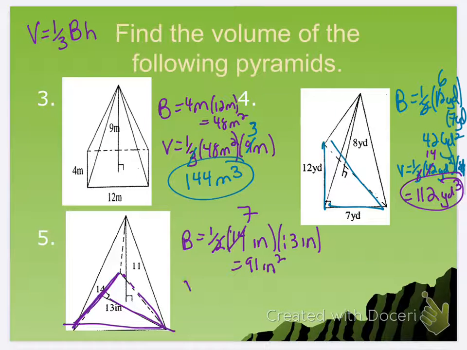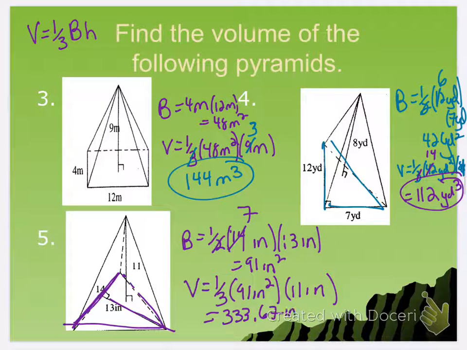So volume equals 1/3 times 91 inches squared times your height of 11 inches. 3 does not go into 91 or 11, so we're just going to multiply them together. 91 times 11 gives me 1,001 divided by 3. So that is approximately 333.67 inches cubed.